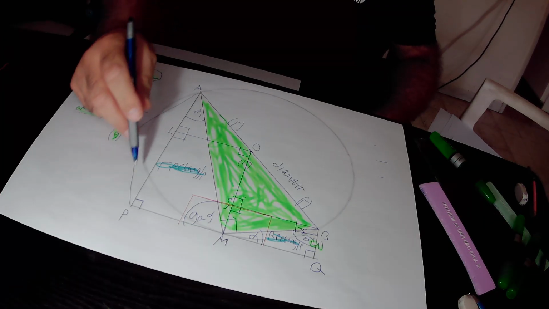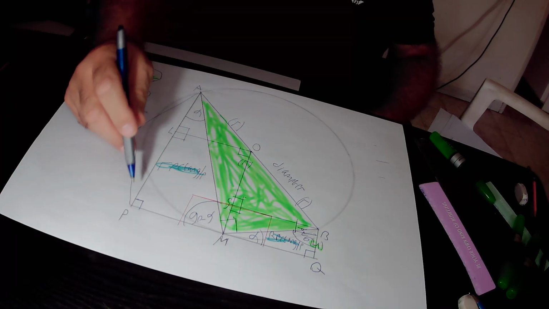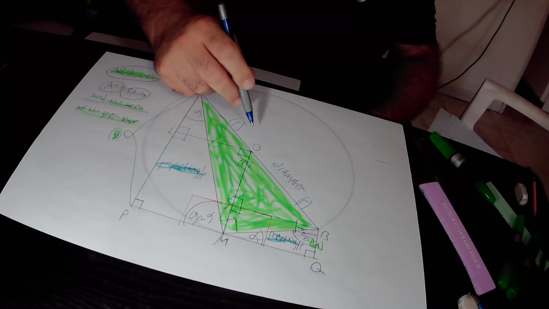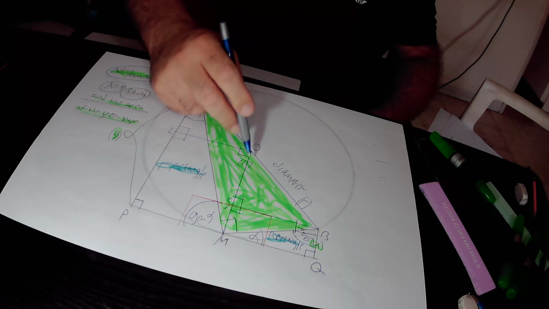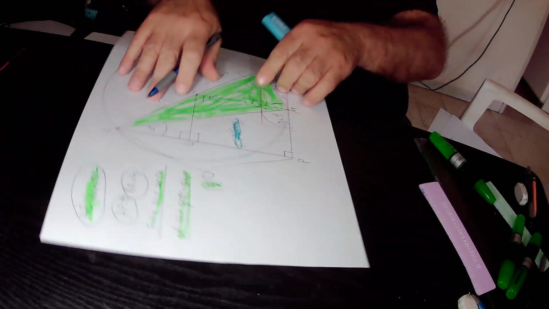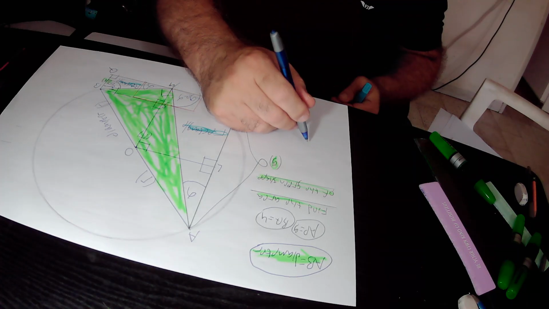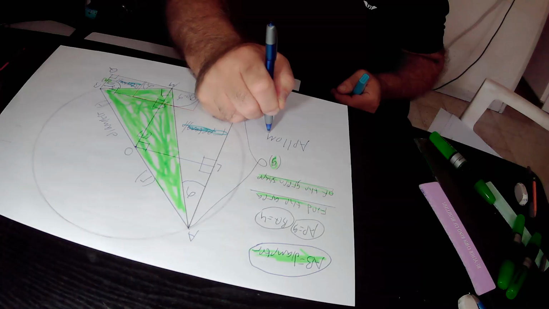So if part of a straight line is parallel to another straight line, then the straight line AP itself must also be parallel to the other straight line OM. Therefore, AP is parallel to OM. So write it down: AP is parallel to OM.